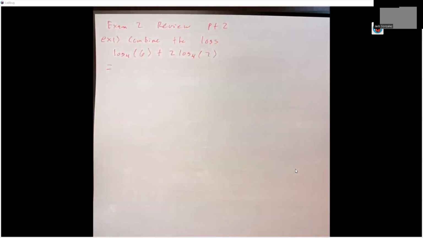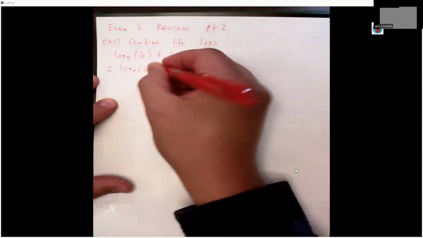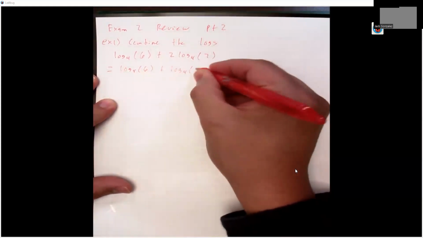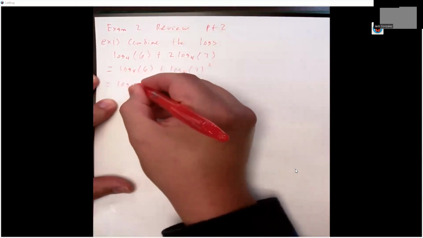Okay, so let's get started. You have at least one combine the logs. This one has numbers in it, so let's go ahead and do this one first. Before you can combine anything, we said you have to bring the powers up, right? So that was the power rule.